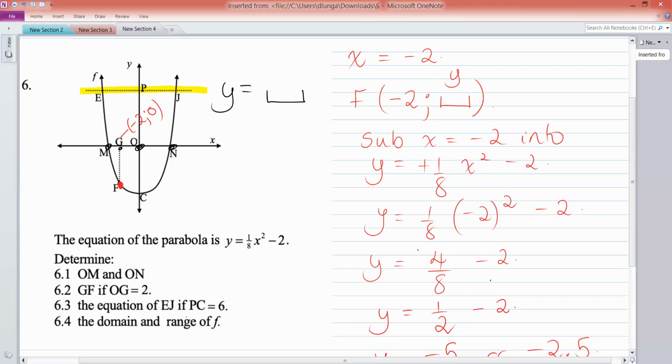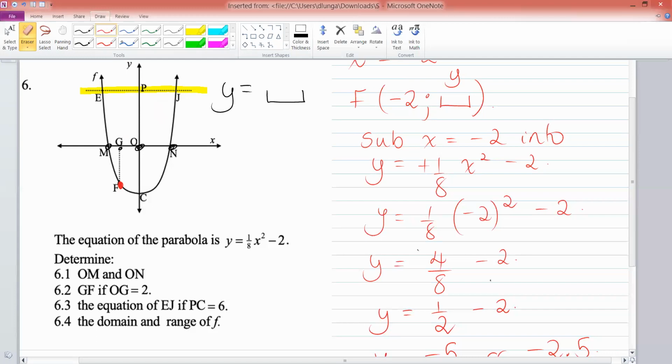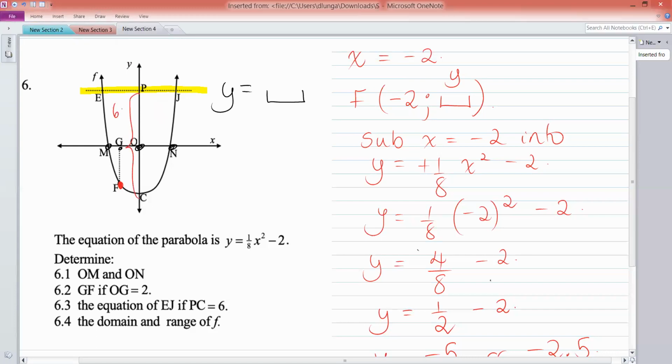So the equation of EJ, if P to C is 6 units, right? Now this entire distance here from P to C is 6 units. What we actually need to work out is this coordinate C. We don't have to do much to work out what the coordinate C is, right? Why? Because we already know that the X value is 0, because it's on the Y axis.